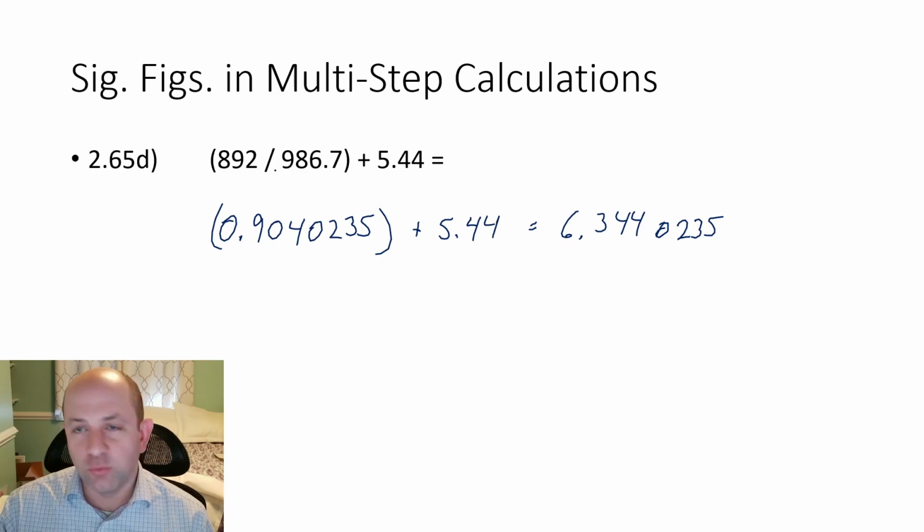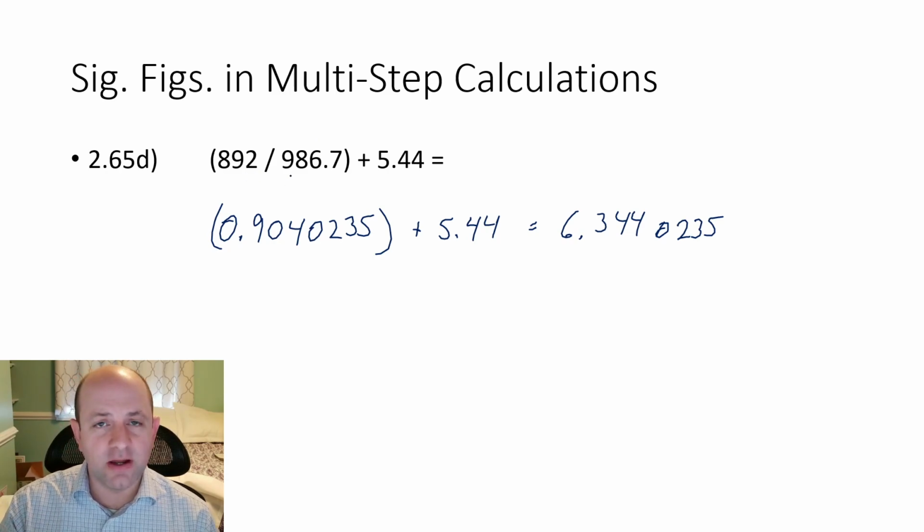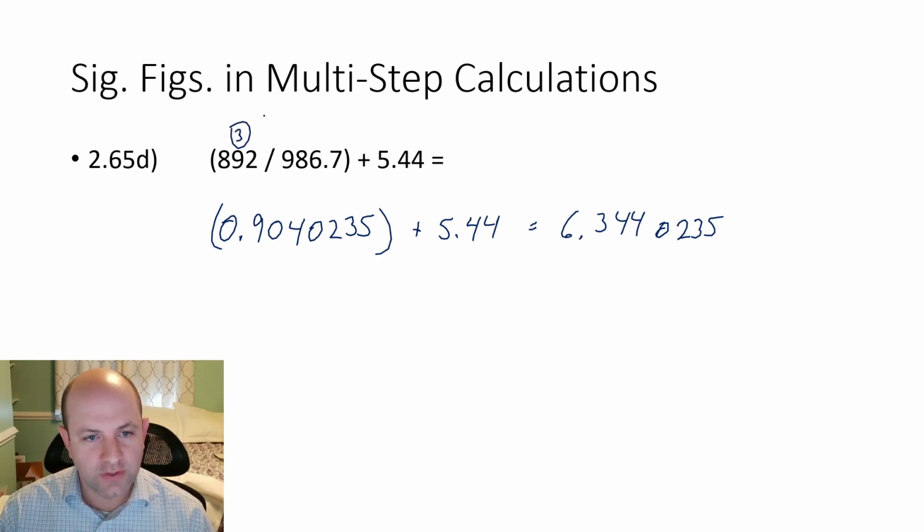Our first step was dividing, and multiplying and dividing cares about how many sig figs we have total. So we look at the 892, there's 3 digits, none of them are 0. They're all significant, so that's 3 sig figs. The second number, 986.7, well, again, they're all not 0, so they all count. That's 4 sig figs. That means in our answer, we go with the fewest, and the fewest is 3. So we're allowed to have 3 sig figs here.